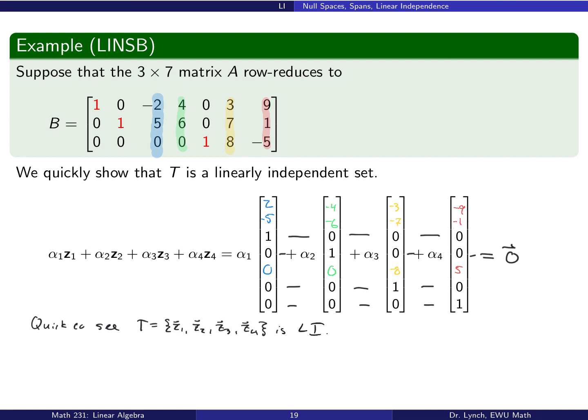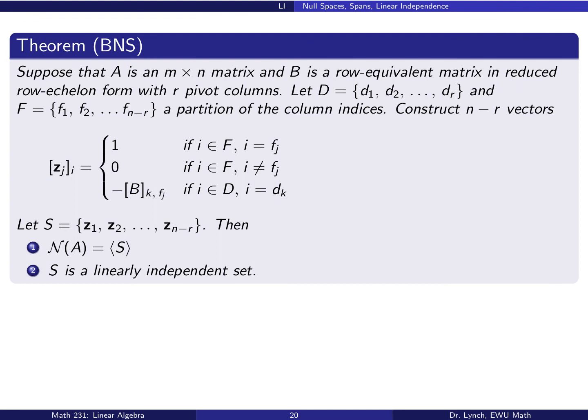It turns out that the way we've constructed our spanning set for a null space, we always get a linearly independent set. This always is a theorem, and here's the theorem. Suppose that A is an m by n matrix, and we reduce it to row echelon form, and we do our partition, and we cook up the z sub j's accordingly.